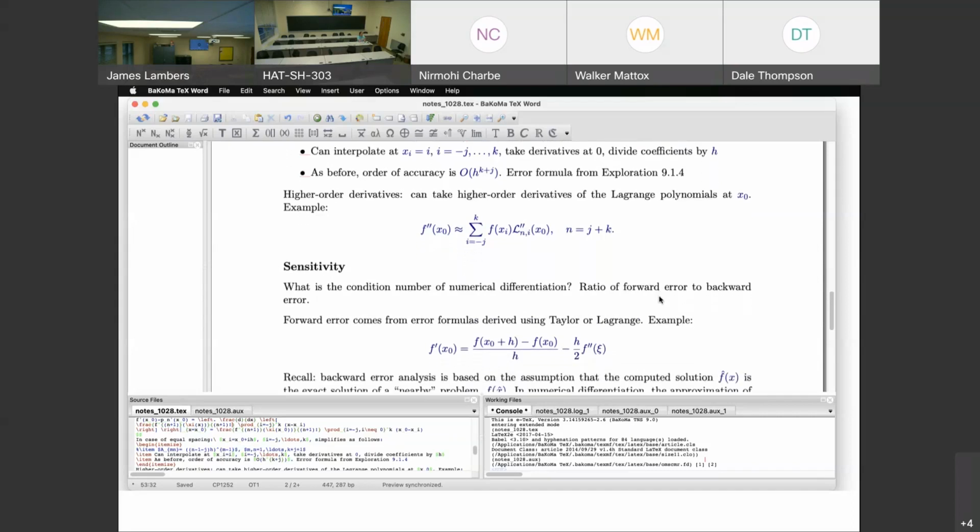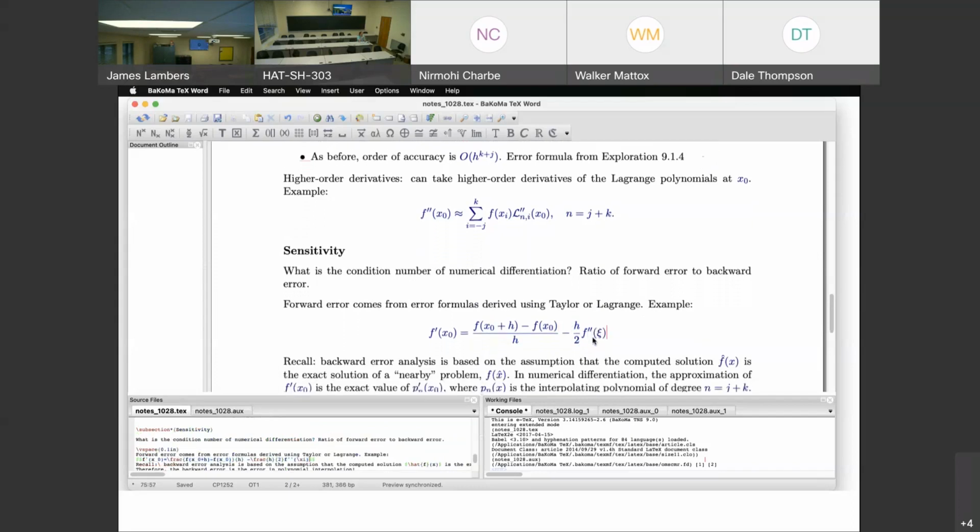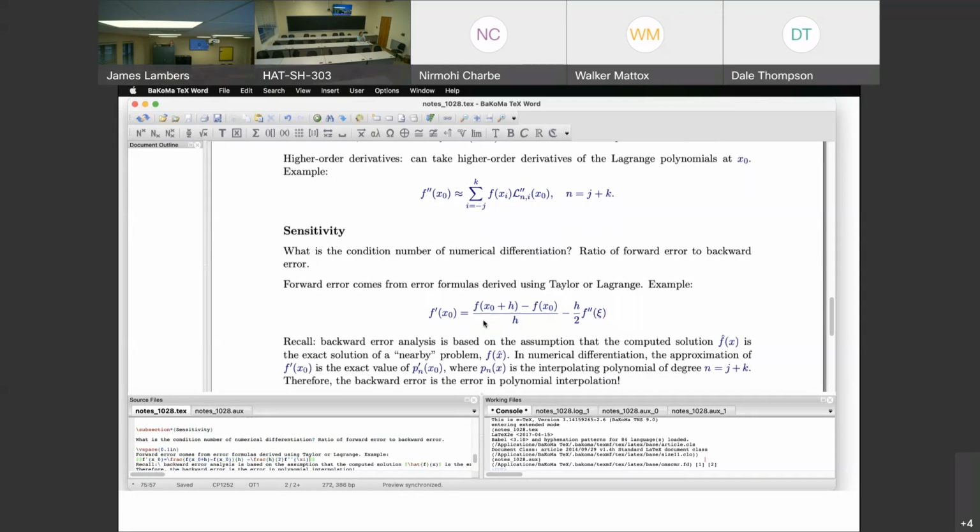Well, forward error is just the error of whatever it is you're trying to approximate. So here, this error term, whatever error term you get for your finite difference formula, that's the forward error. So here I'm just using forward difference, just because that's the simplest finite difference rule. And this is the error term that I showed you last time.